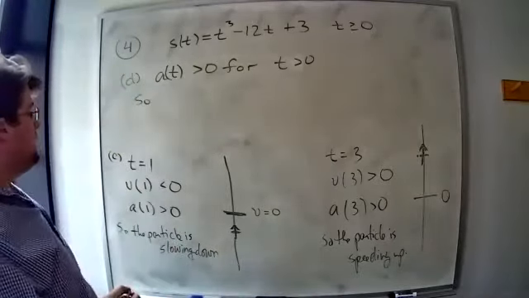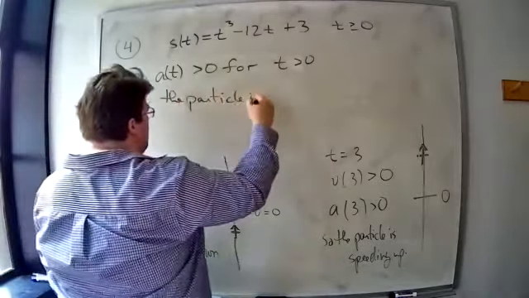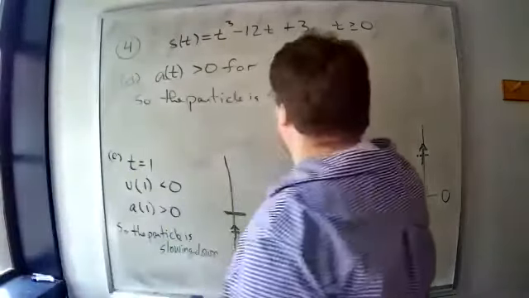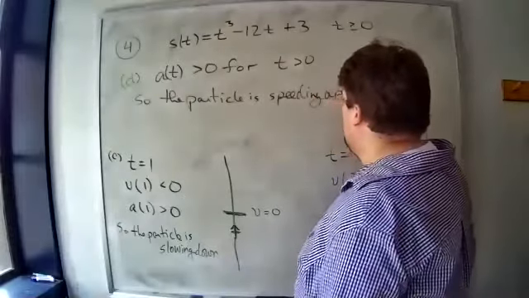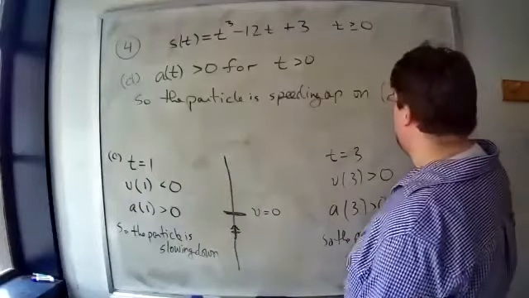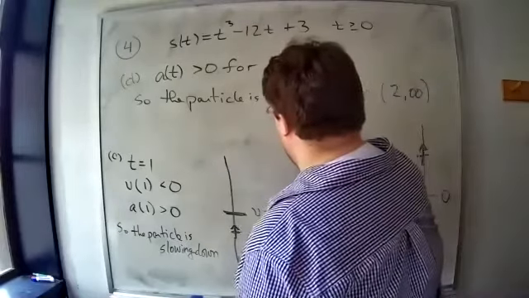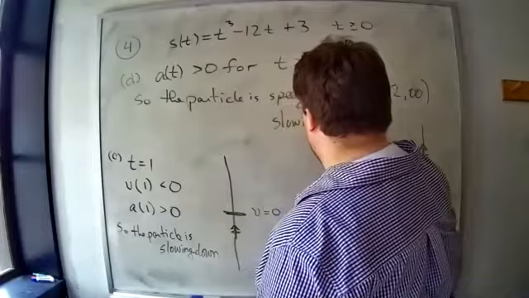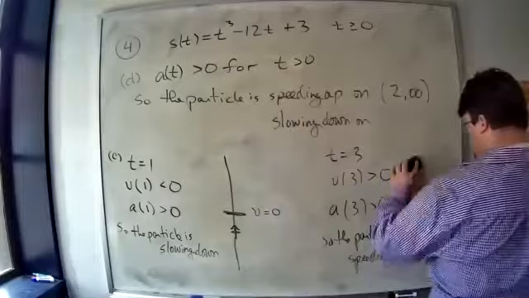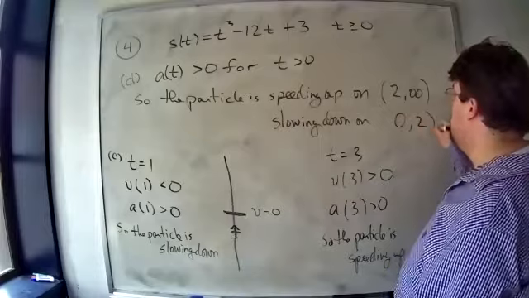So using the results of B and C, what do I ask first? Speeding up. Speeding up on the entire 2 to infinity interval found from part B. Slowing down where the velocity is negative and the acceleration is positive, 0 to 2.